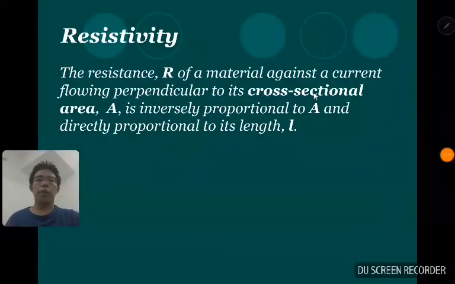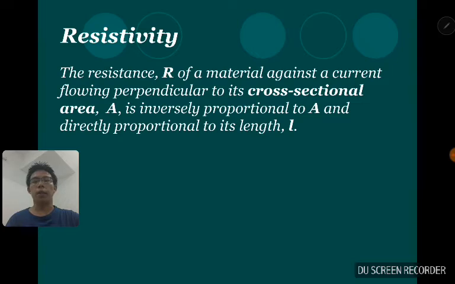So we continue on this slide, the concept of resistivity. Before we proceed to look at what is resistivity, let's look at the resistance again. We know that it's defined as V over I, but if we look carefully at the wire just now, actually the length and also the diameter of it will affect the value of the resistance.